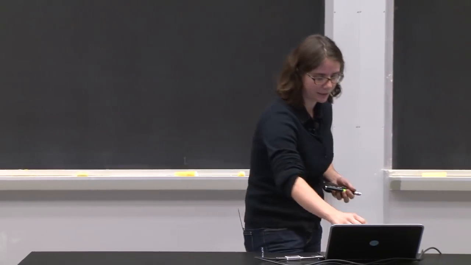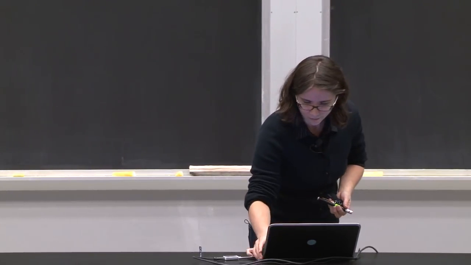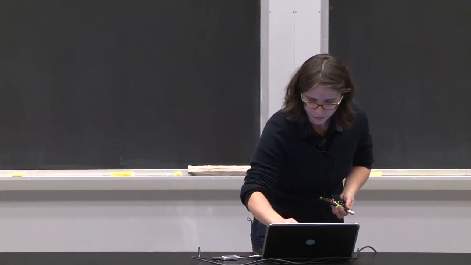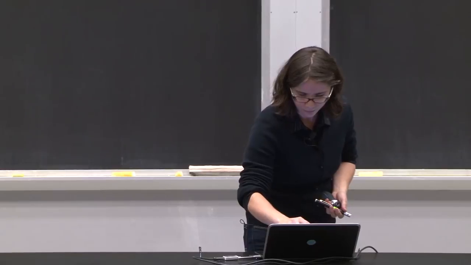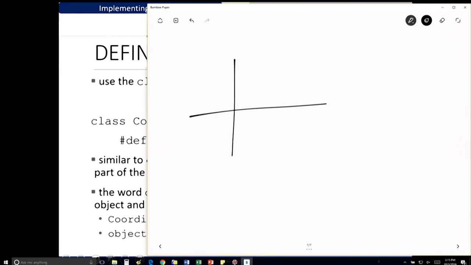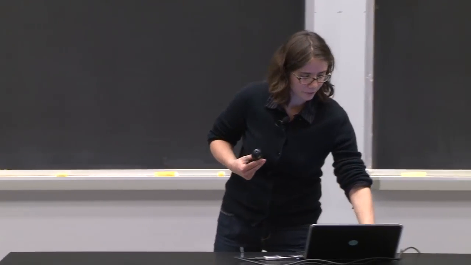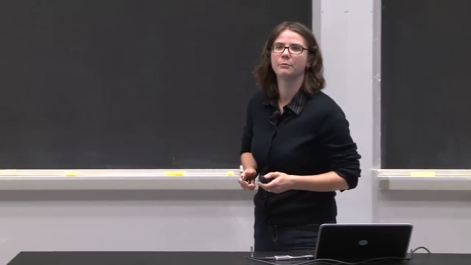And a coordinate object is essentially going to be an object that's going to define a point in an xy plane, okay? So x comma y is going to be a coordinate in a 2D plane. So we're going to write code that's going to allow us to define that kind of object.